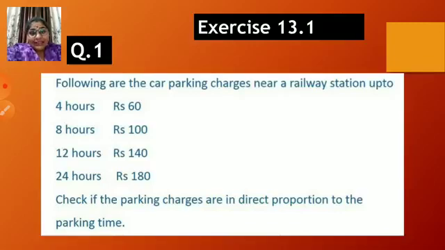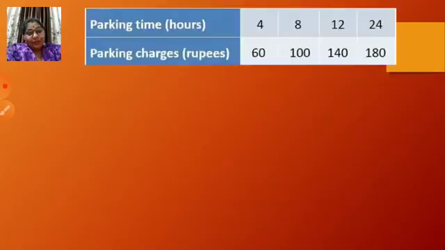As I said, suppose hours is X and cost is Y. Whenever we take the ratio X upon Y of all these different hours and rupees given, children, when we simplify it, all the ratios should be equal. Then only we can say that it is a direct proportion. So this is our hours and this is the charges.